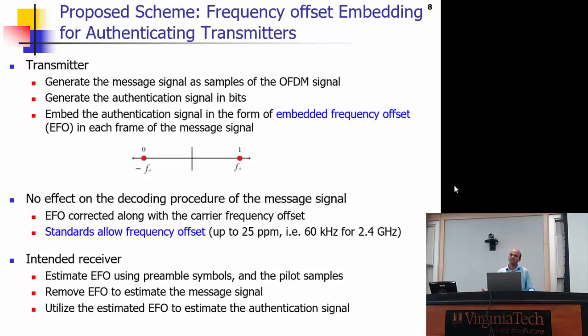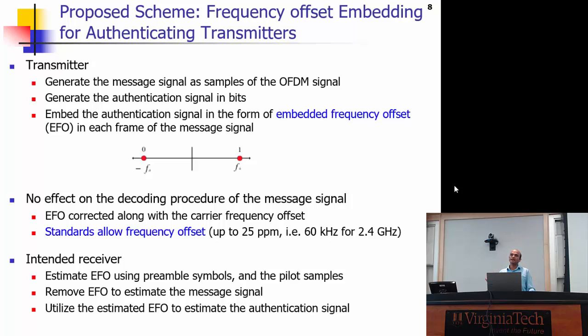Now it has to embed that authentication information into the message signal. So the very simple scheme is that for each frame, the frequency of the frame will be shifted in one direction for embedding a bit 0, or the frequency will be shifted in the other direction by a small margin for embedding a bit 1.